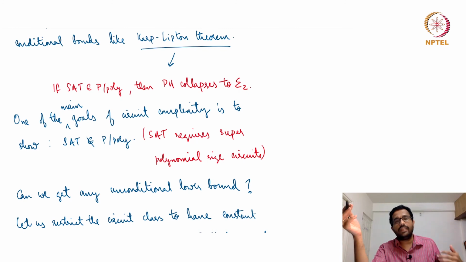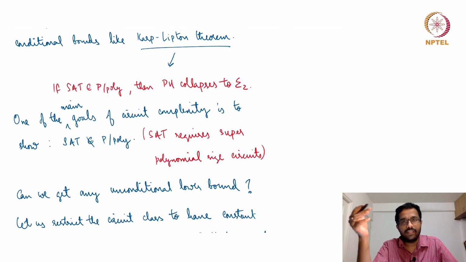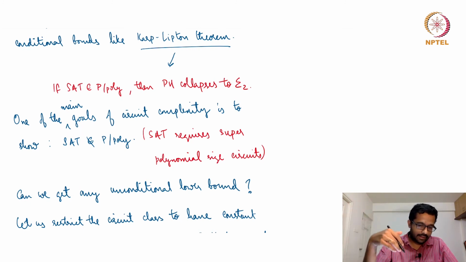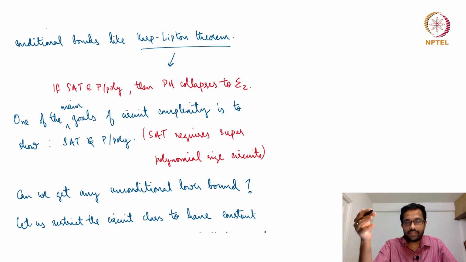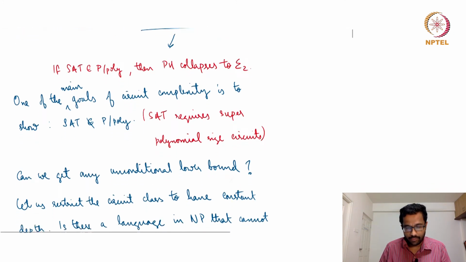Since we know that P has polynomial size circuits, this would imply that P is not equal to NP, right? However, like I just said, we have the Karp-Lipton theorem, which gives a conditional statement to the effect why SAT may not have polynomial size circuits. We do not know of any unconditional results of this type that will allow us to separate P versus NP, right?